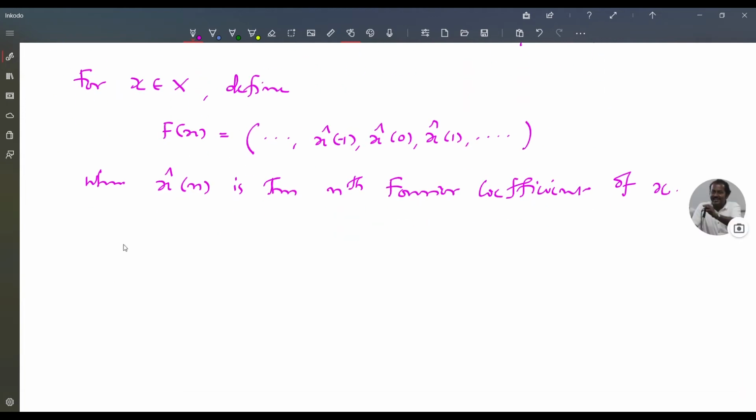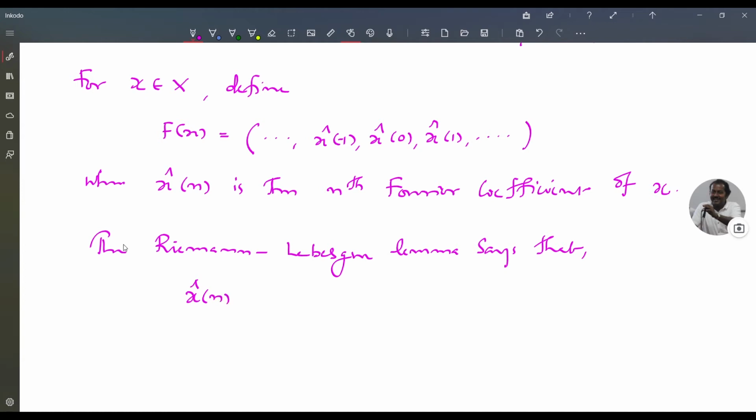The Riemann-Lebesgue lemma says that x cap of n tends to 0 as n tends to plus or minus infinity.